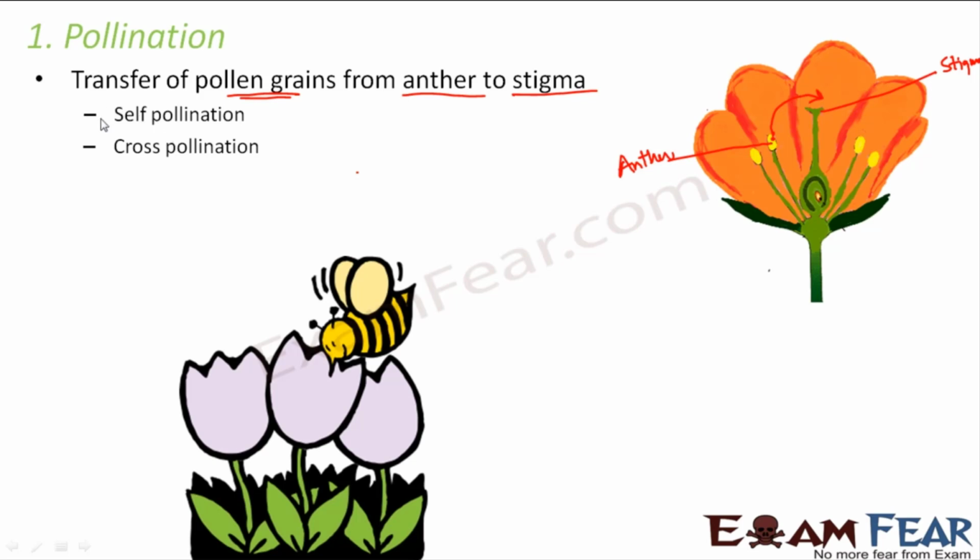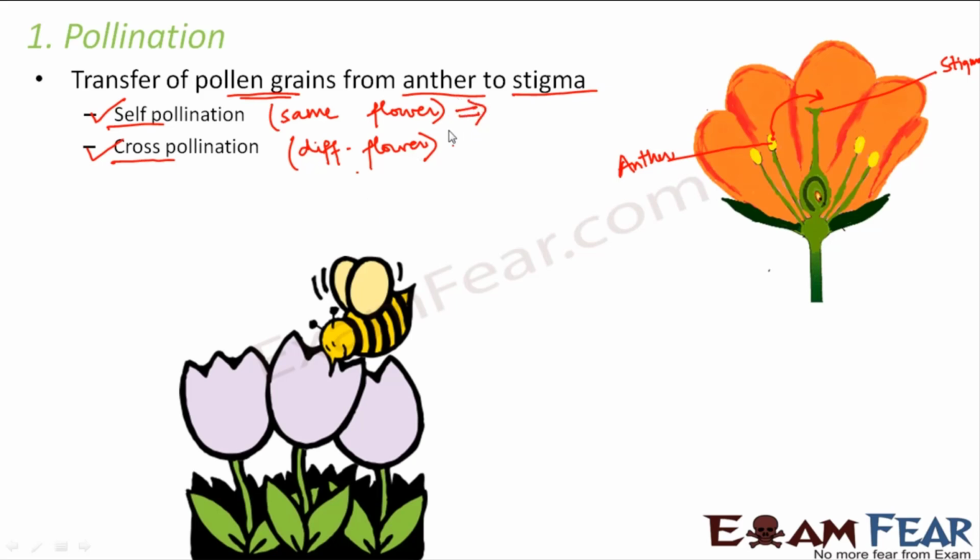That is known as self-pollination. Another possibility is that the pollen grain will move from the anther of one flower to the stigma of another flower. That is known as cross-pollination. So self-pollination means same flower, and cross-pollination means different flower. Clear?